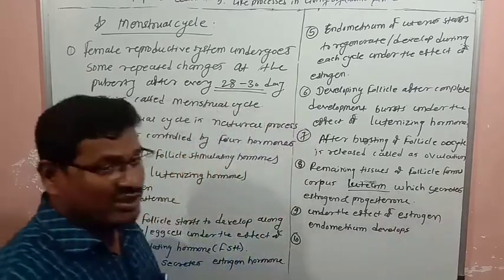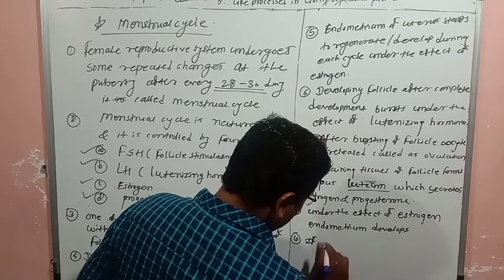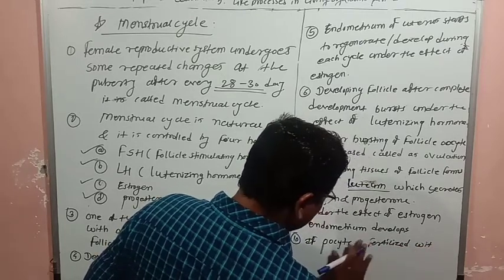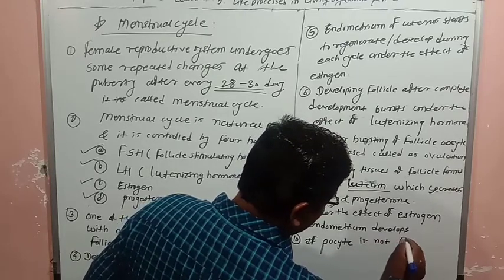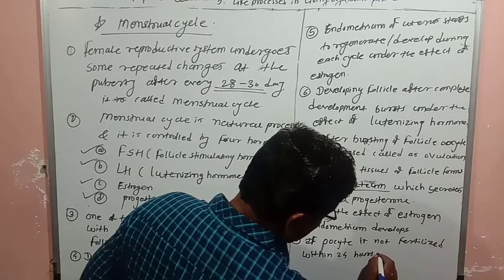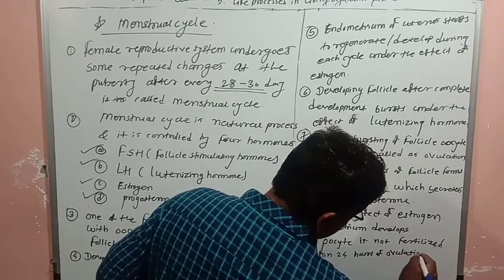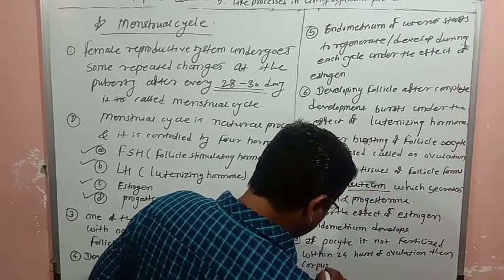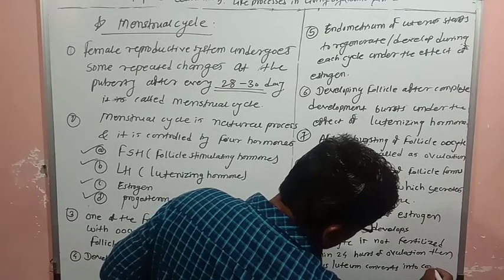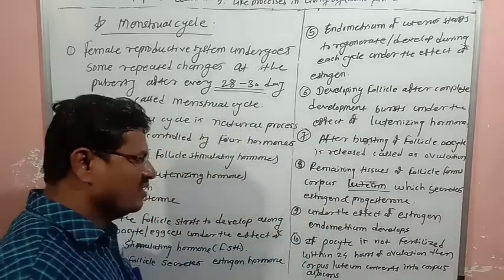Okay, the next thing is the 10th point. If the oocyte is not fertilized within 24 hours of ovulation, then the corpus luteum converts into corpus albicans.